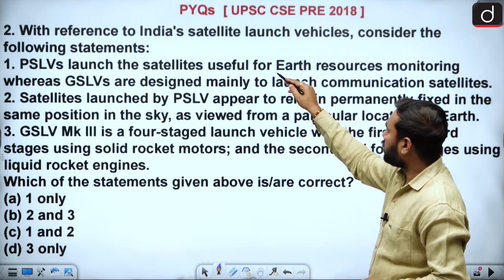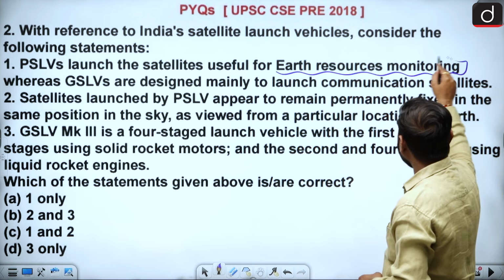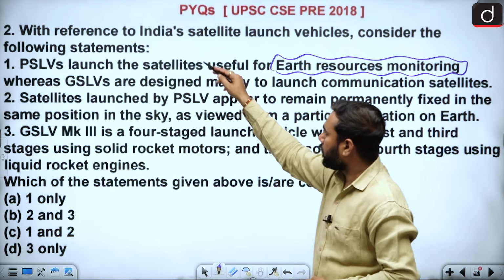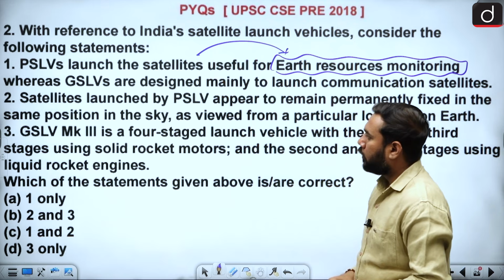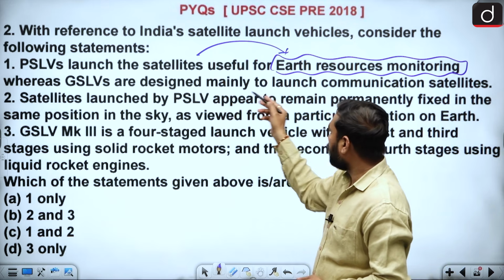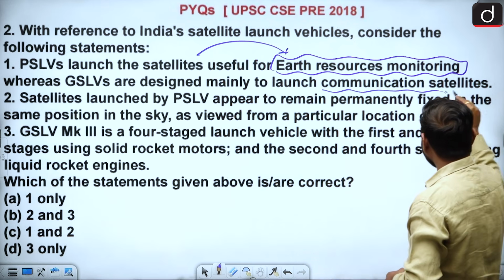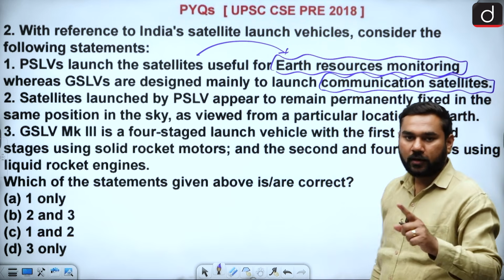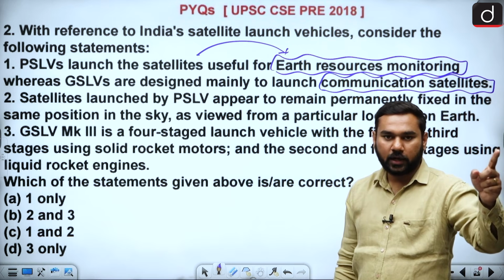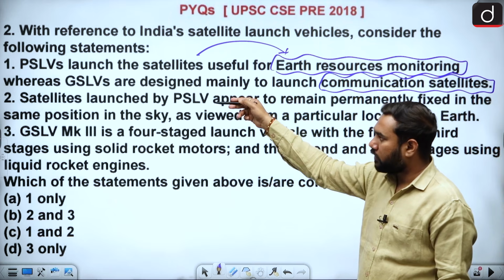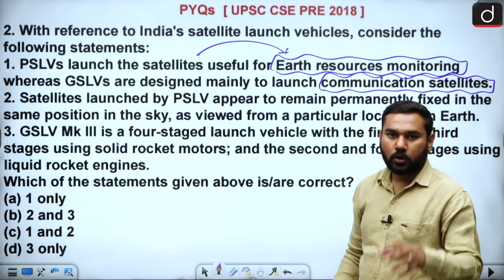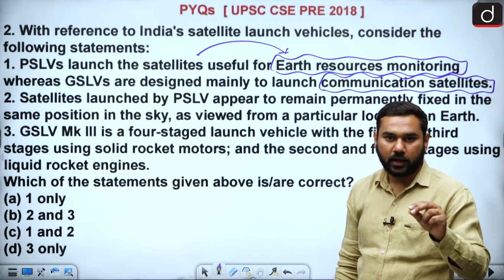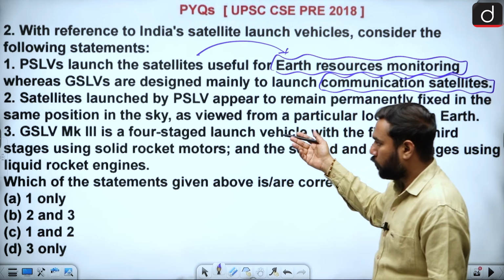Earth resource monitoring is the keyword, and PSLV launches satellites for this purpose. Whereas GSLV is designed mainly to launch communication satellites, we know it because communication satellites are placed at 36,000 kilometre height. So we send them by GSLV, but PSLV is for Earth observation, and these are placed at 400 to 800 kilometre height.